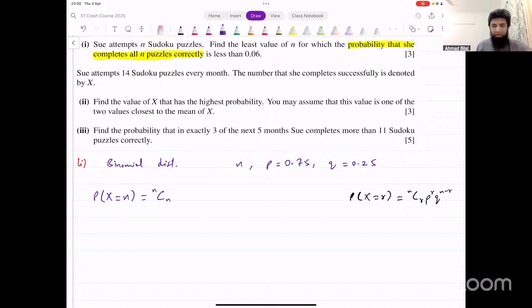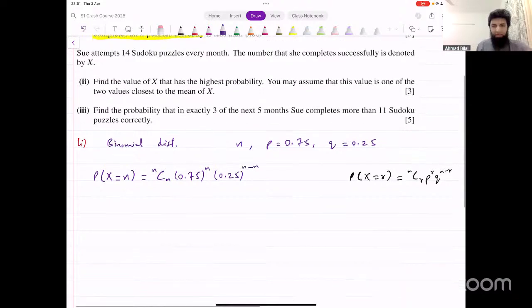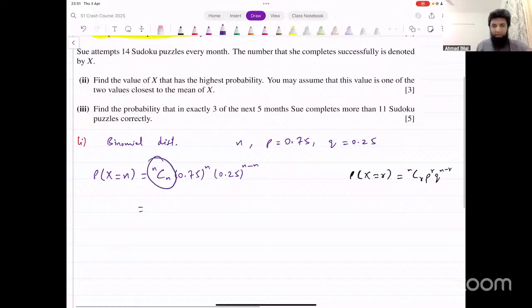nCn into p, which is 0.75 raised to power n, into q, which would be 0.25, right? q is just 1 minus p, 1 minus 0.75, so it turns out to be 0.25 raised to power n minus n. Now, what is nCn?